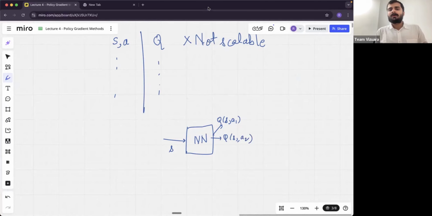And the advantage of constructing such a neural network is that you do not have to maintain lengthy tables, but rather now you have a trained neural network which you can use to predict the Q values of the states and actions which your agent has not seen before. So this made representation of large scale systems suddenly possible to us.